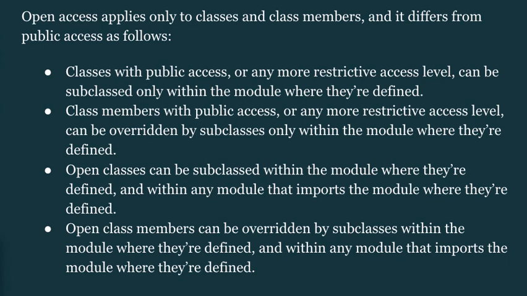Open classes can be subclassed within the module where they are defined and within any module that imports the module where they are defined. Open class members can be overridden by subclasses within the module where they are defined and within any module that imports it.